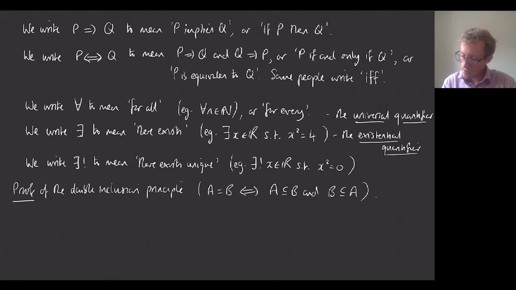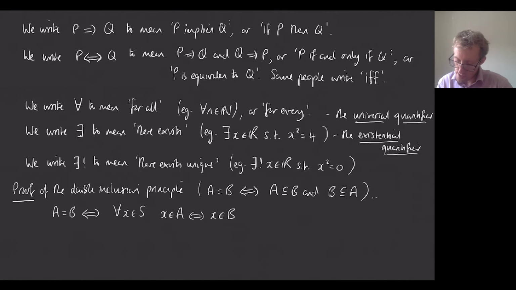So here is an alternative proof that uses a bit more of this notation. Two sets A and B are equal if and only if every element of A is an element of B. So I can write that as A is equal to B. That's equivalent to saying that for every x in S, remember A and B are subsets of some larger set S, x is in A if and only if x is in B.